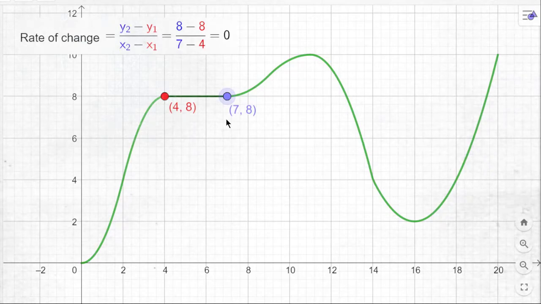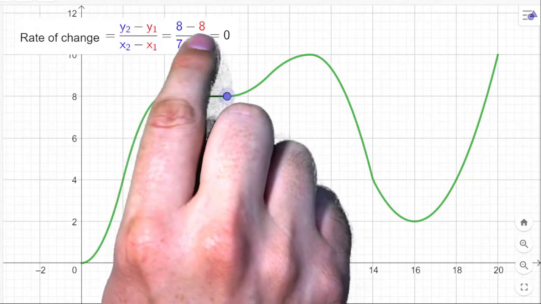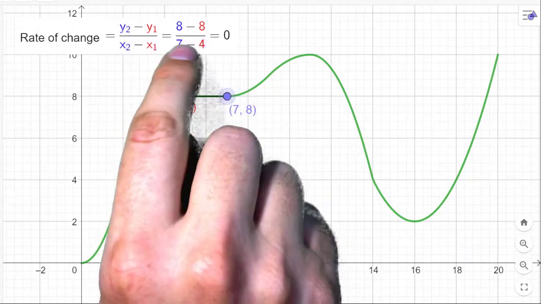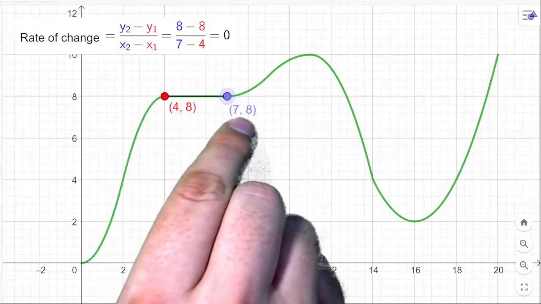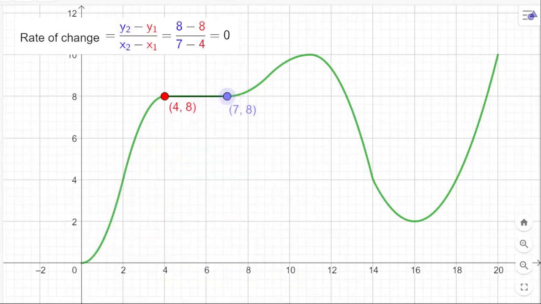We take the change in y values, which in this case is the difference 8 minus 8 divided by the change in x values, 7 minus 4, and we get 0. So we see the average rate of change over that interval is 0. Well, that makes sense because that's when the drone was just hovering at a constant height. So the height's not changing, so it makes sense that the average rate of change would be 0.